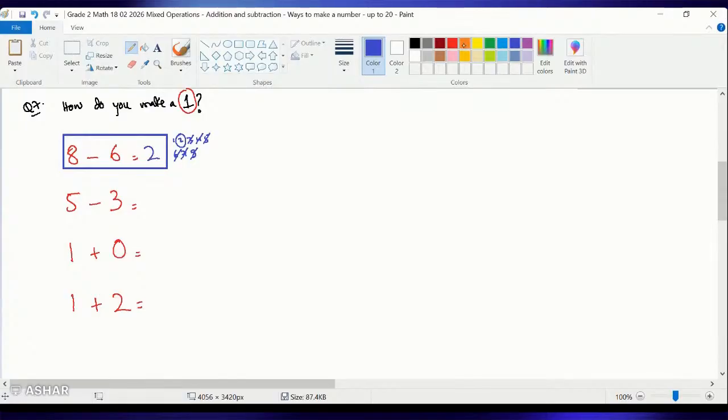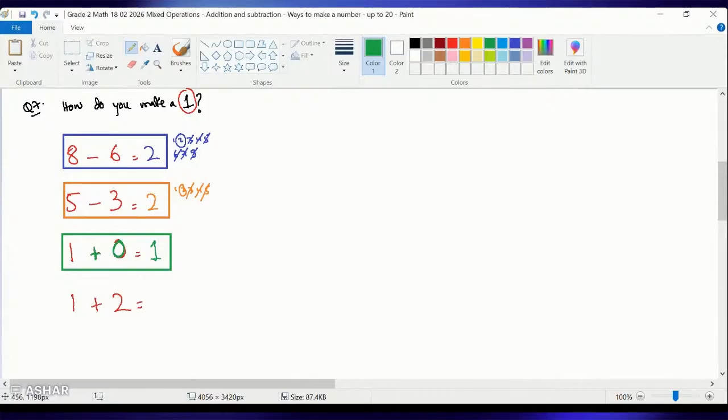5 minus 3 would mean we have 5 numbers. If we remove 3 numbers, we are still left with 2. But we know that when 0 is added to any number or 0 is subtracted from any number, the answer stays the same.